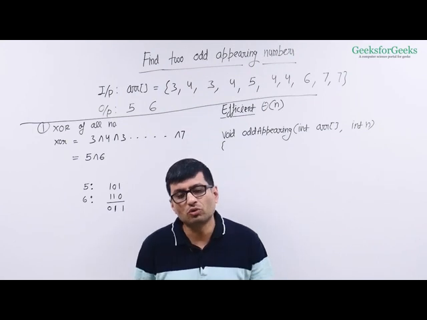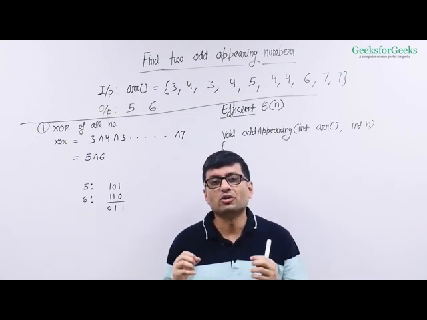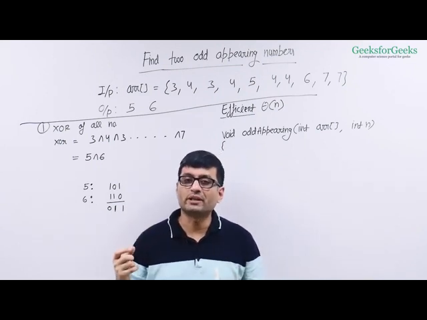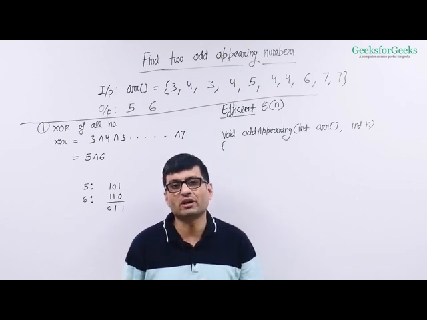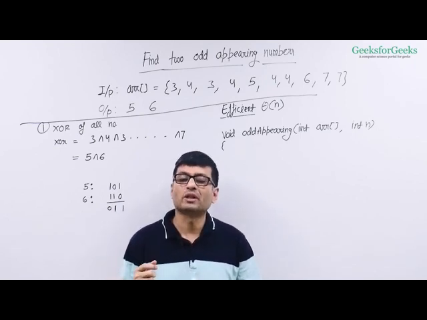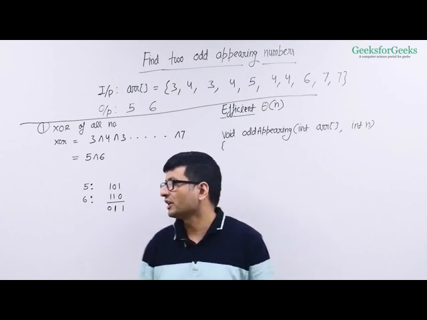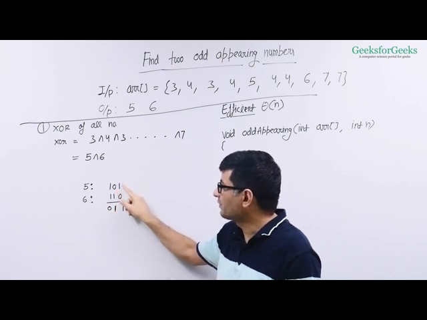If you do XOR of 2 numbers, x and y, then your XOR is going to have a bit as 1 when that bit is different in x and y. And your XOR is going to have a bit as 0 when that particular bit is same in both x and y. That's how XOR works, right? So XOR of 5 and 6 is going to have 1 when they are different here.